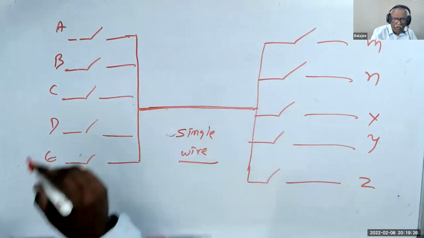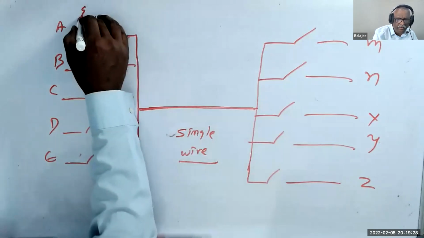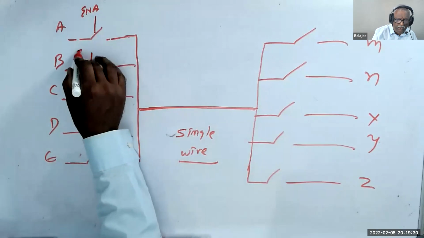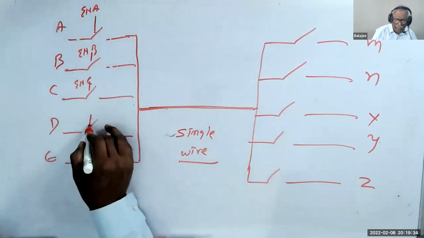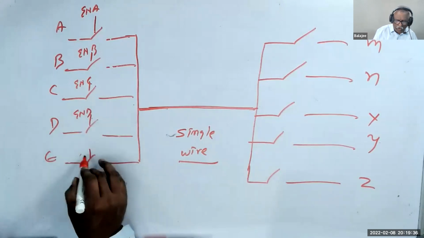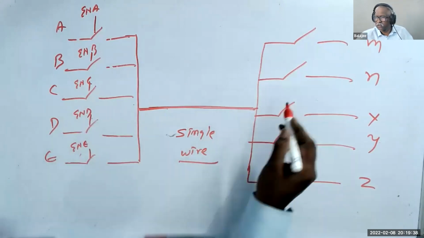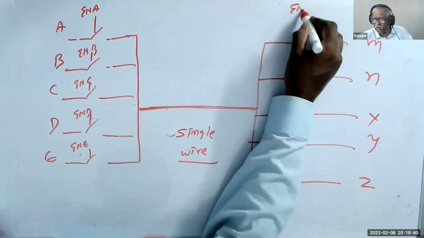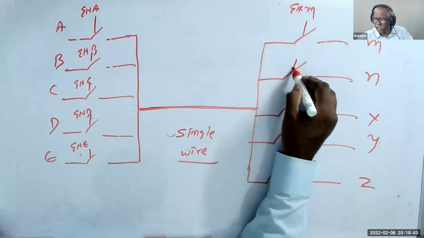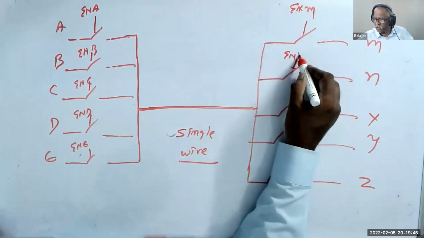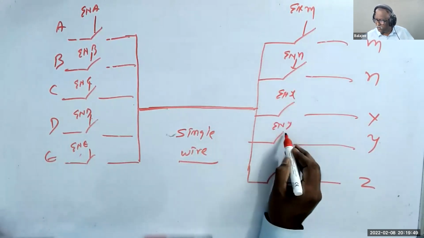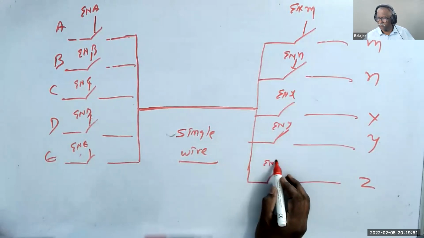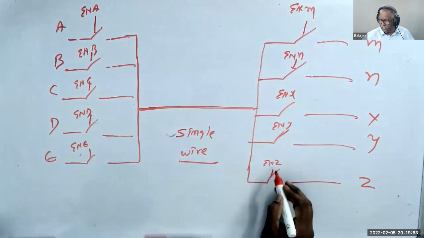Now, this is called enable A, this is called enable B, enable C, enable D, enable E, enable M, enable N, enable X, enable Y, enable Z. You have so many enable signals.